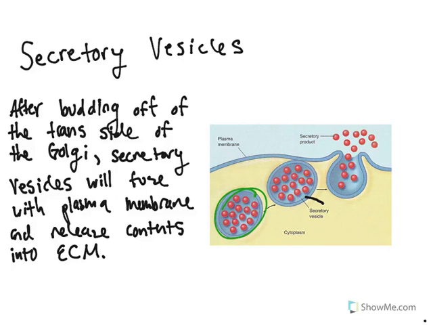So I'm going to go ahead and write that for you. They fuse to the plasma membrane, cell membrane, and will release the contents into the extracellular matrix, which I've abbreviated as just ECM down here. So that whole thing is called exocytosis, which is one of our methods of bulk transport.